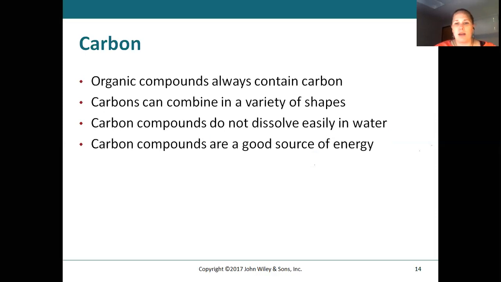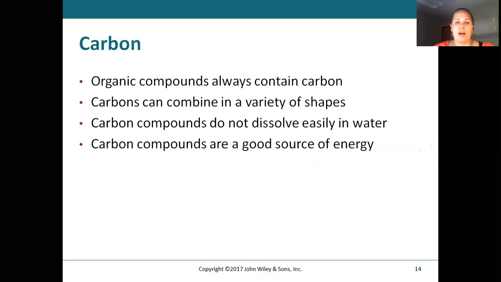But carbon can combine into a variety of shapes. It's like when you have a set of components that you're building, this would be that backbone component that you can decorate with a lot of different components and make it interesting in different ways. Carbon compounds do not dissolve easily in water, which would make them nonpolar.